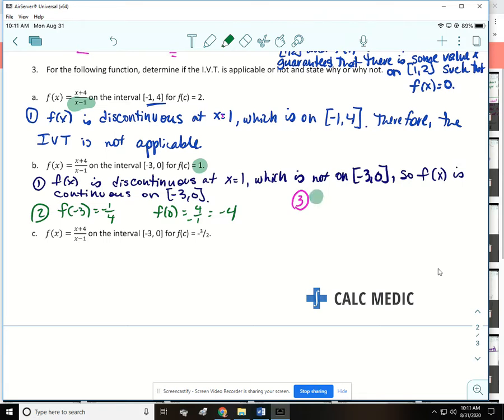So we're going to say 1 does not fall between f of -3 and f of 0. So the intermediate value theorem is not applicable.